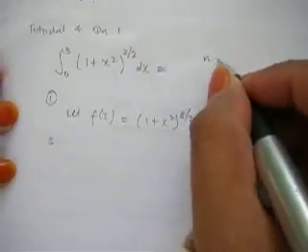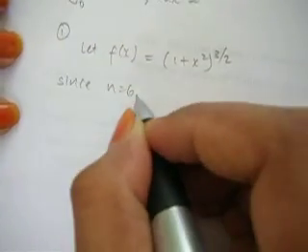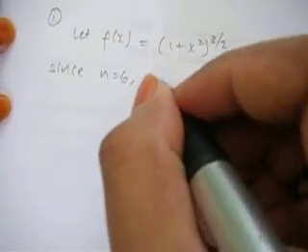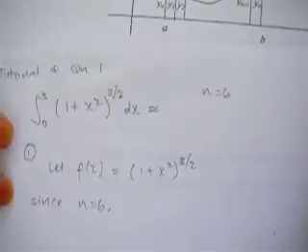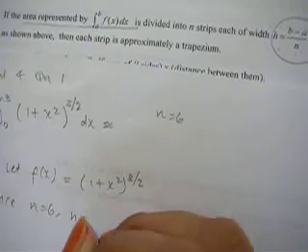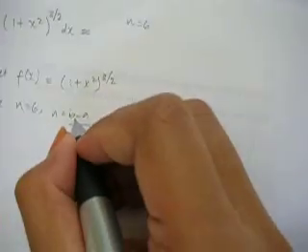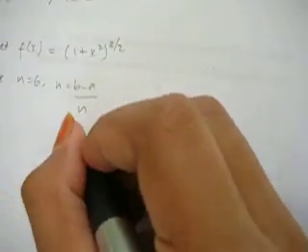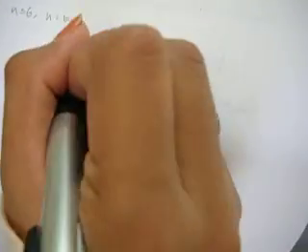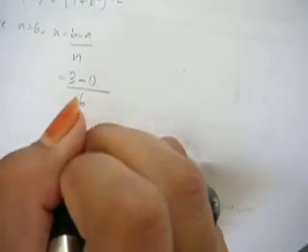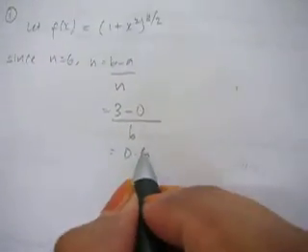Since n is given to be 6, we can find h by using the formula: h equals (b minus a) over n. b is 3, a is 0, n is 6. So we get h as 0.5.